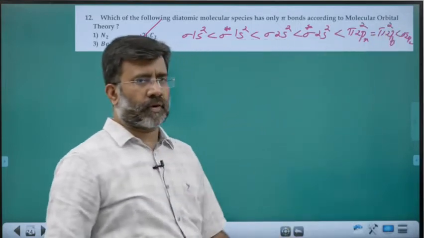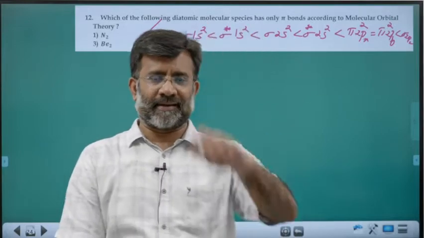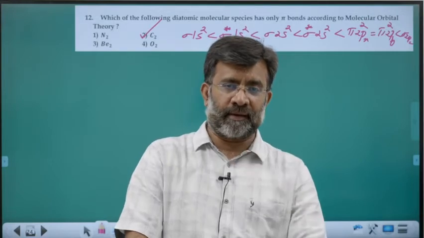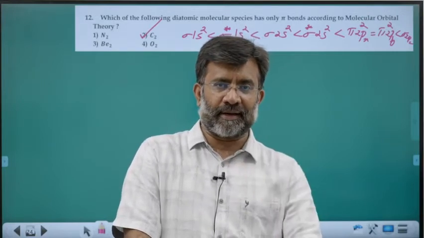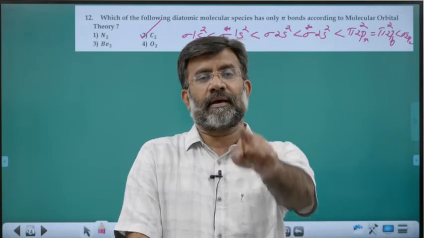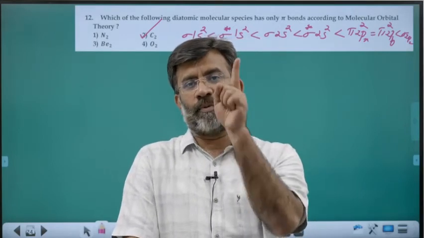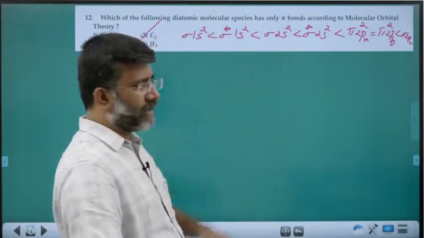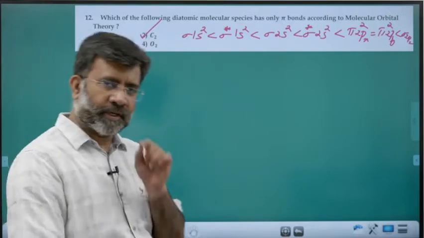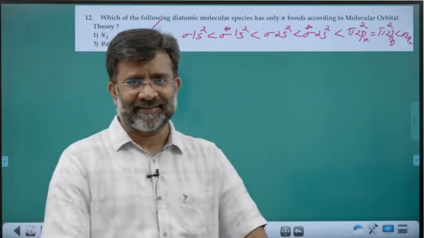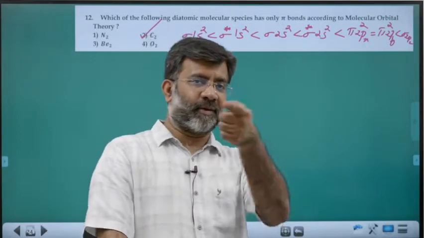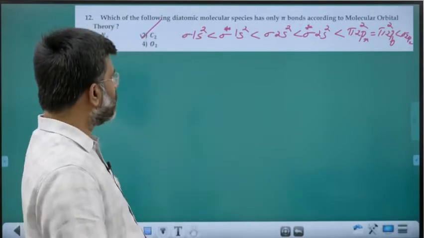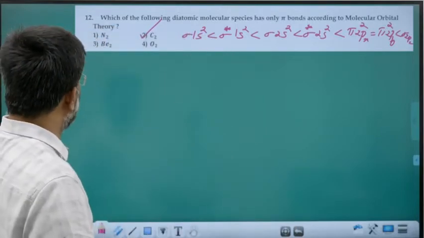Suppose I had written the configuration for oxygen, which I erased earlier: there would be unpaired electrons, and C2 would have been paramagnetic. Actually, C2 is diamagnetic. Only this configuration fits C2, because C2 is originally diamagnetic. If we had written it the other way, like oxygen, it would be paramagnetic, which is not true. So this is the configuration of carbon.